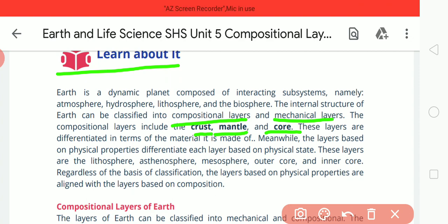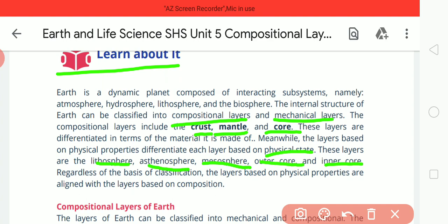Meanwhile, the layers based on physical properties differentiate each layer based on physical state. These layers are lithosphere, asthenosphere, mesosphere, outer core, and inner core. Now, basically, class, what is considered in mechanical layers is the type of physical state of that specific layer.